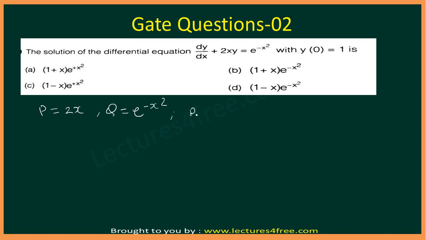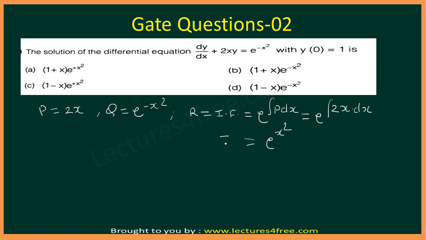So let's get the integrating factor r, which is equal to e to the power integration of p dx, meaning e to the power integration of 2x dx. Here 2 is a constant, so 2 will come out, and integration of x is x square by 2, so 2 will cancel and you will get e to the power x square.